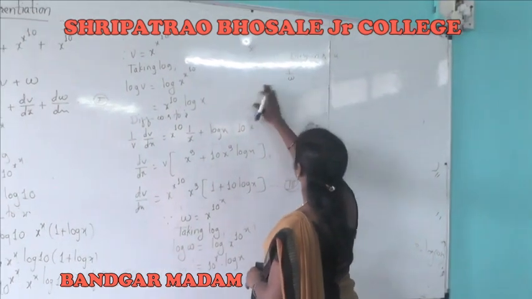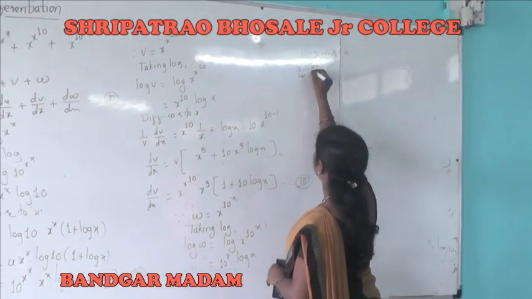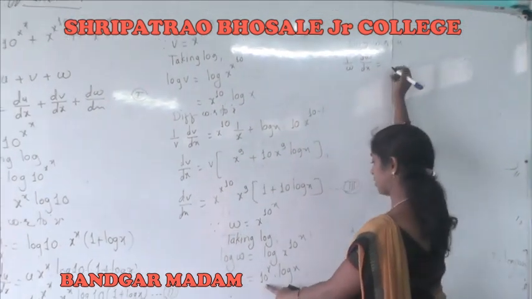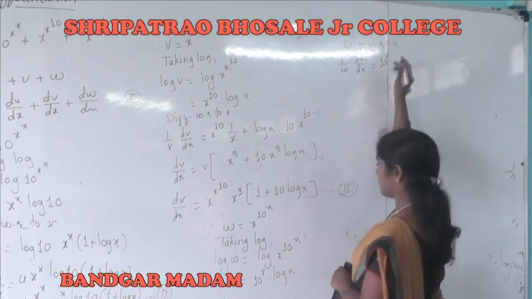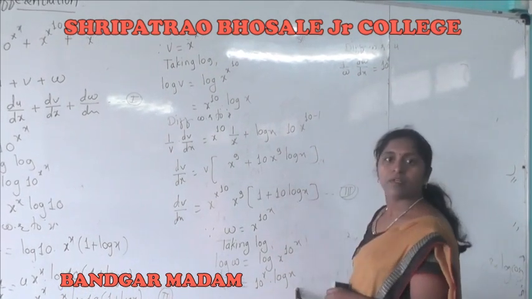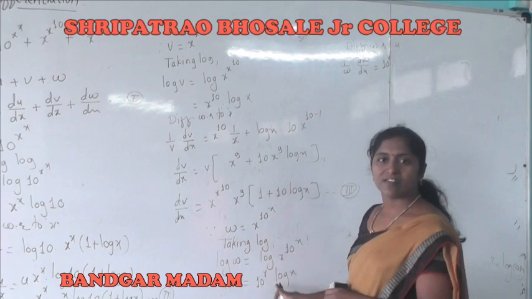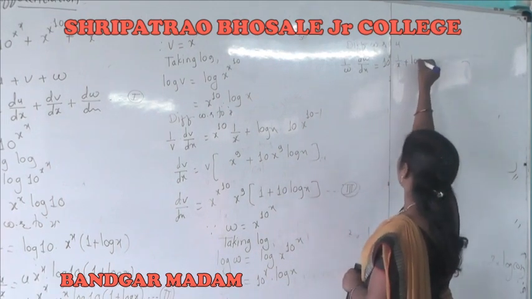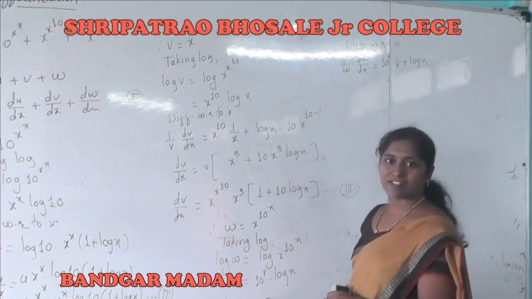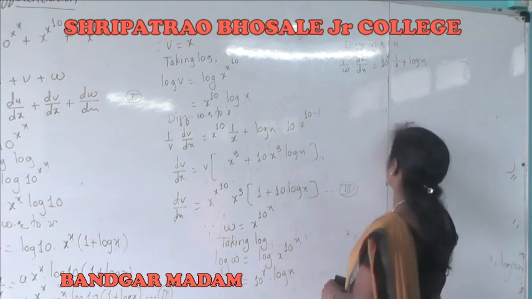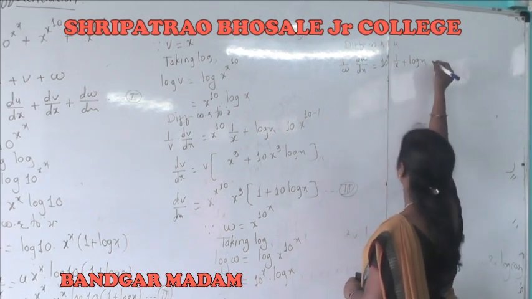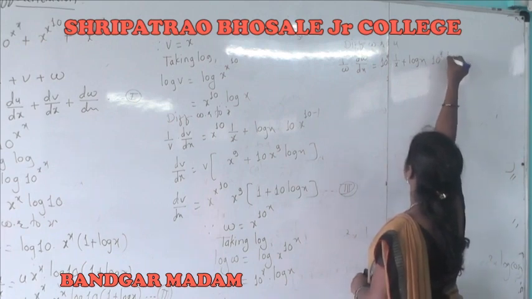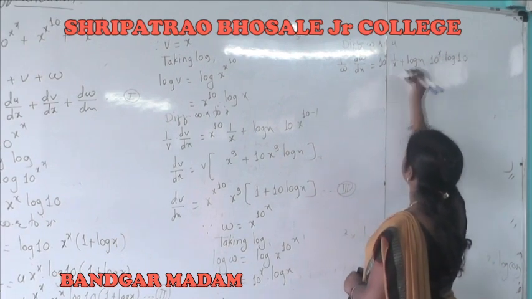Log w, derivative is 1 upon w dw by dx, is equal to 10 raised to x as it is, u into v form. 10 raised to x as it is, derivative of log x is 1 by x, plus log x as it is, derivative of 10 raised to x, a raised to x form, a raised to x into log a. So 10 raised to x log 10.